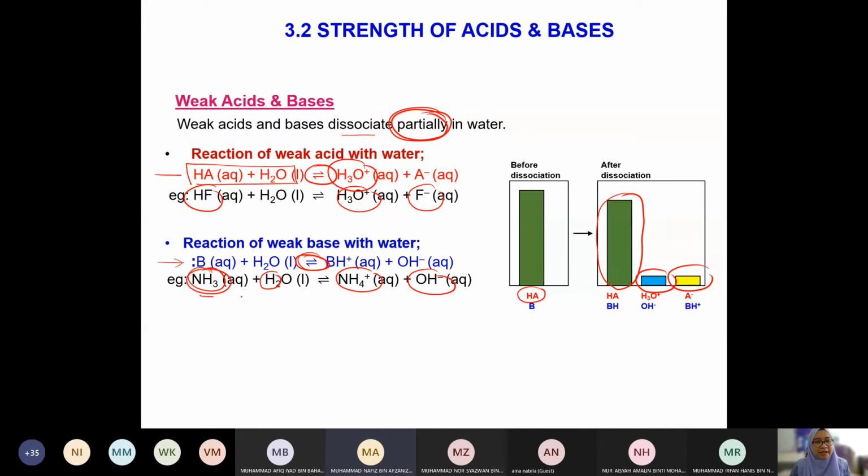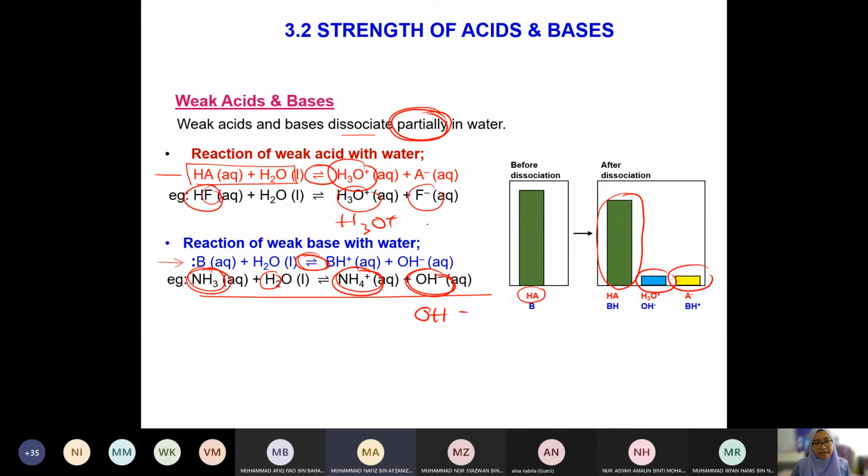You must be able to write the equation. This one must be correct. What is the tip? You know that for a base, you must produce OH-. Say you have to write the equation for an acid, then you must know you have to produce H3O+. Understand? Do not write nonsense. It must be balanced. And then this is not a problem.